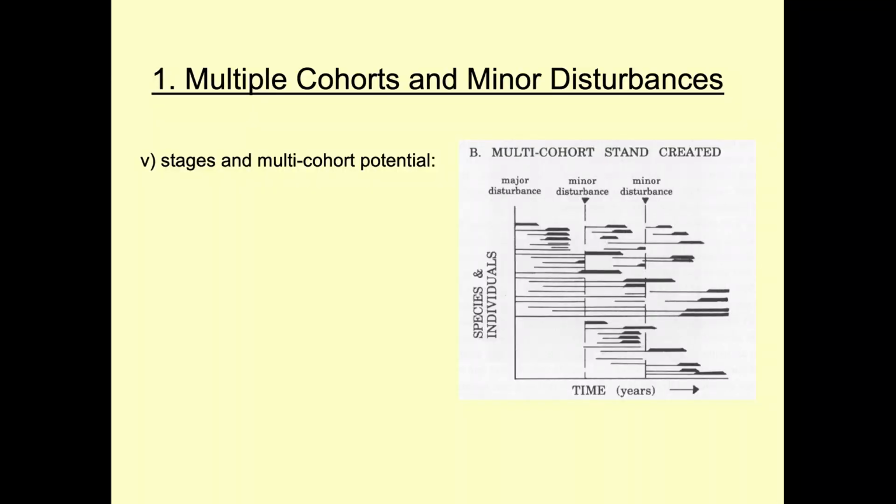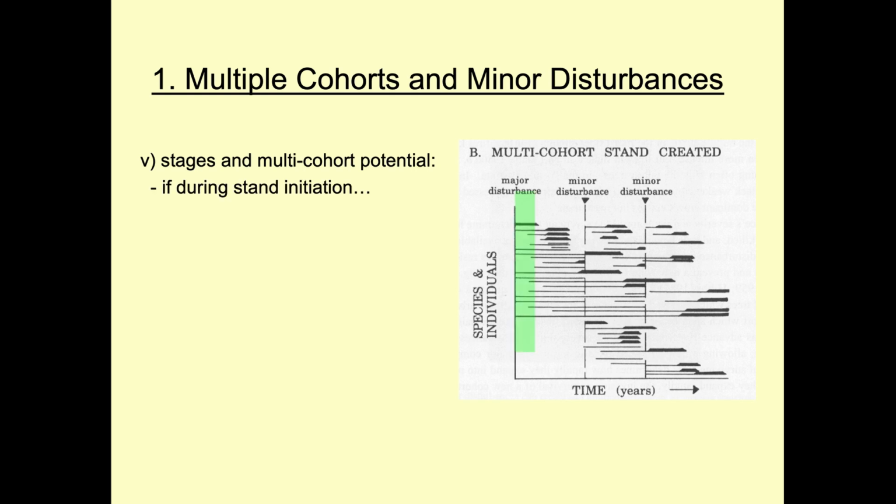So I want to talk about minor disturbances and their interaction with cohorts. Depending on when the minor disturbance occurs throughout these different forest stages that we learned about last lecture, you are going to have separate outcomes.